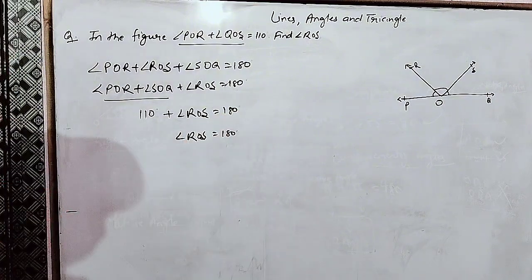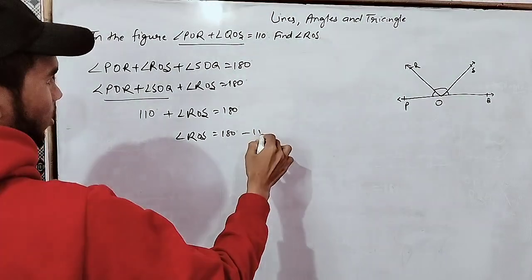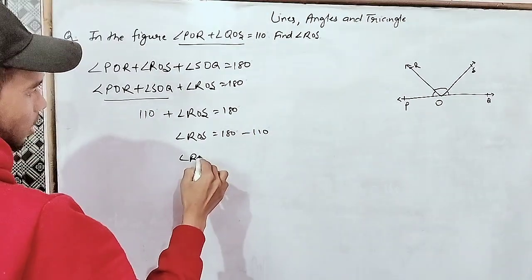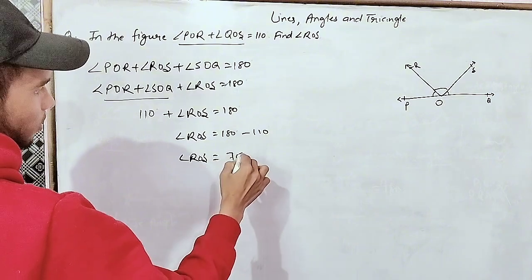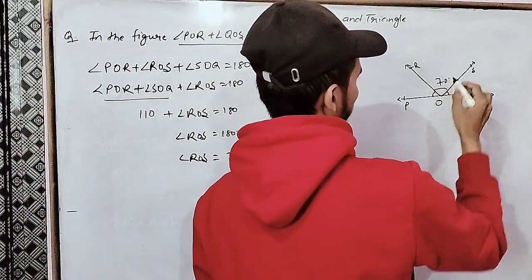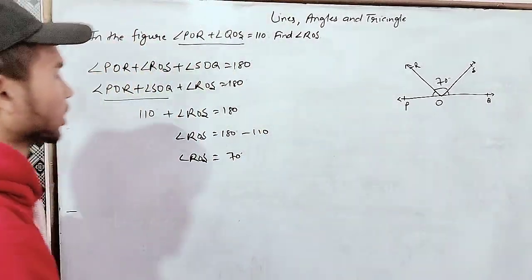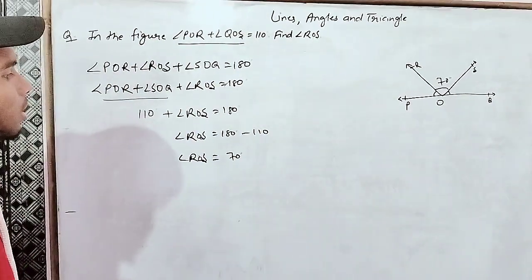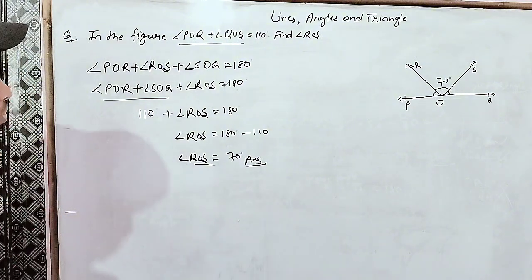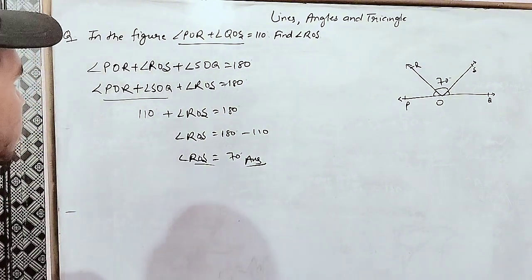This is with addition; here it will be with subtraction. Now we have 70 degree. So the value of ROS is 70 degree. Clear? This is the answer.